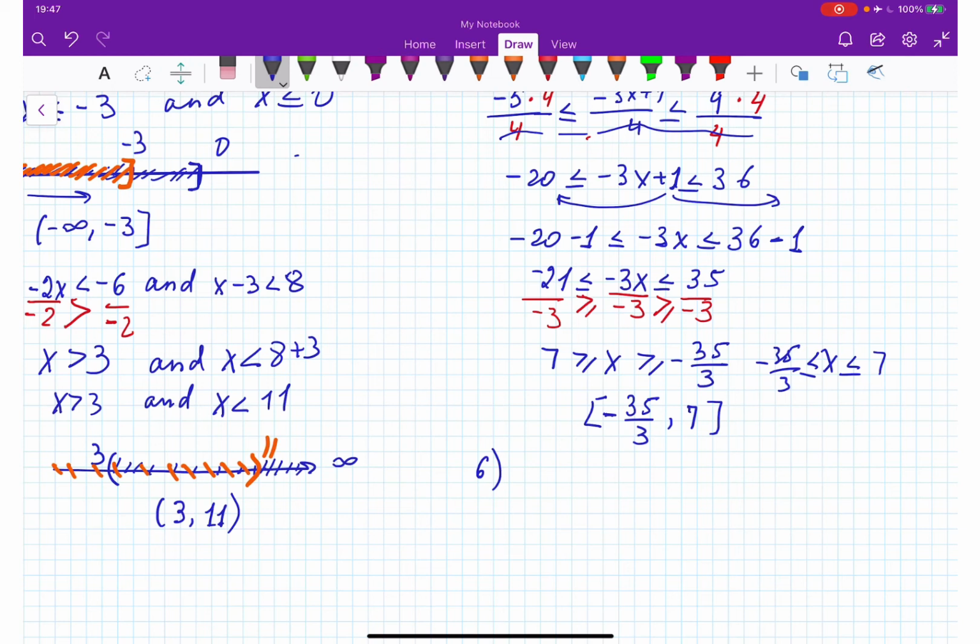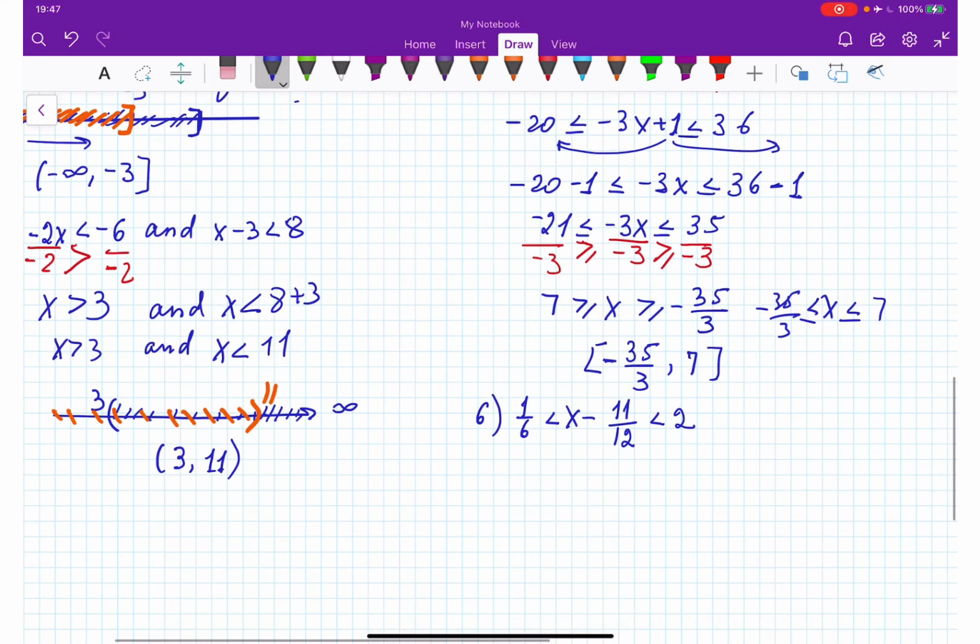We have 1 over 6 less than x minus 11 over 12, less than 2. So negative 11 over 12, moving to this side: 1 over 6 plus 11 over 12 less than x less than 2 plus 11 over 12.